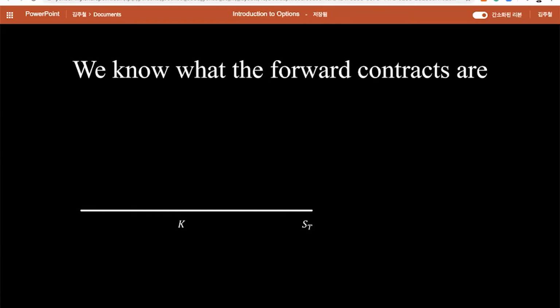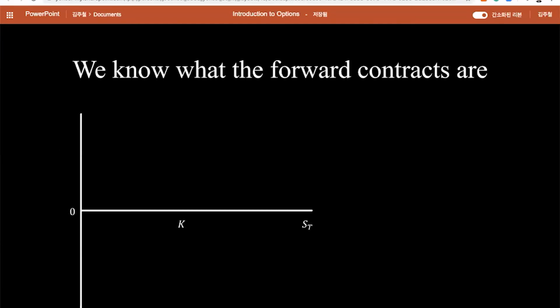And then there might be some price, the K, and that price is the price that we agreed today to be performed in the future. And on the y-axis, of course, there is a 0, and the y-axis represents the payoff of each position. So the positive payoff means that you gain something.